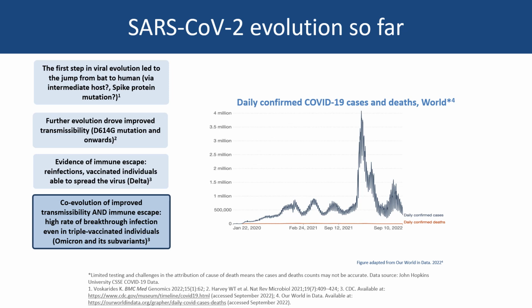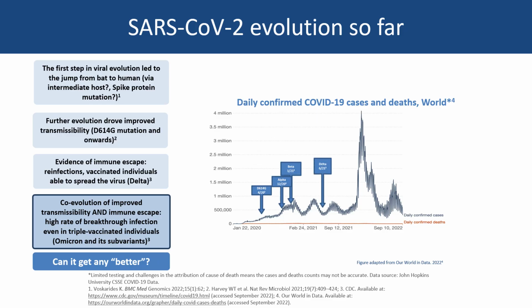So it appears that there won't be a final version of the virus and that it will continue to evolve, especially to avoid the prevalent immunity in the population. Therefore, the aim of vaccination was no longer to prevent infection totally, but to prevent severe manifestations of the infection.